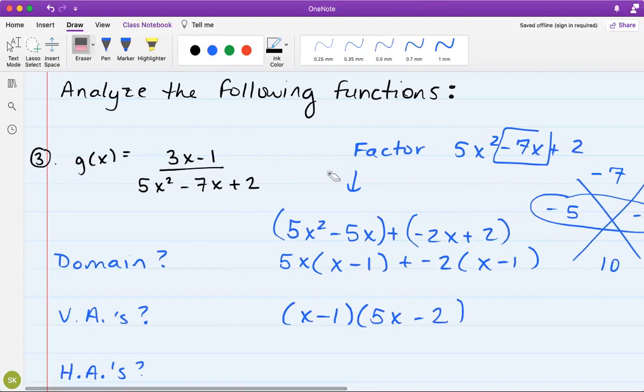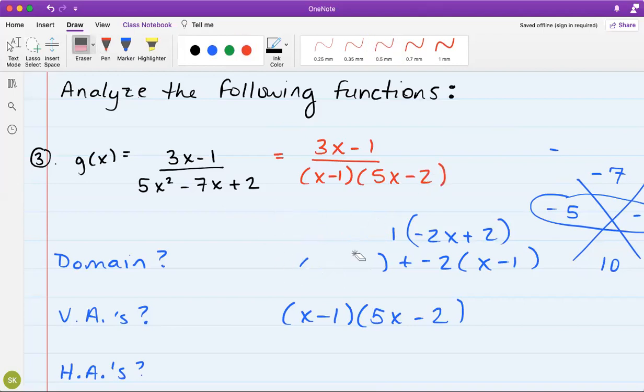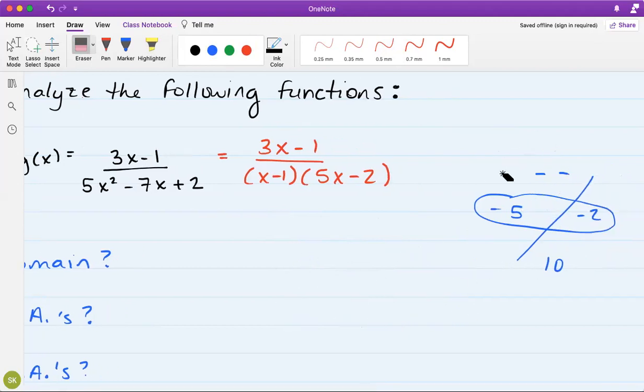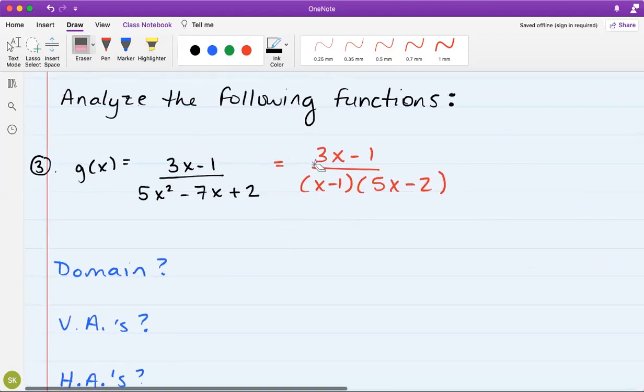So I'm going to erase this, and I'm going to write it over here. So this is the same thing as 3x minus 1 over x minus 1 times 5x minus 2. Okay, so let's erase this so it doesn't look so junky down here. Okay, now that we have this factored, let's ask ourselves what the domain is.